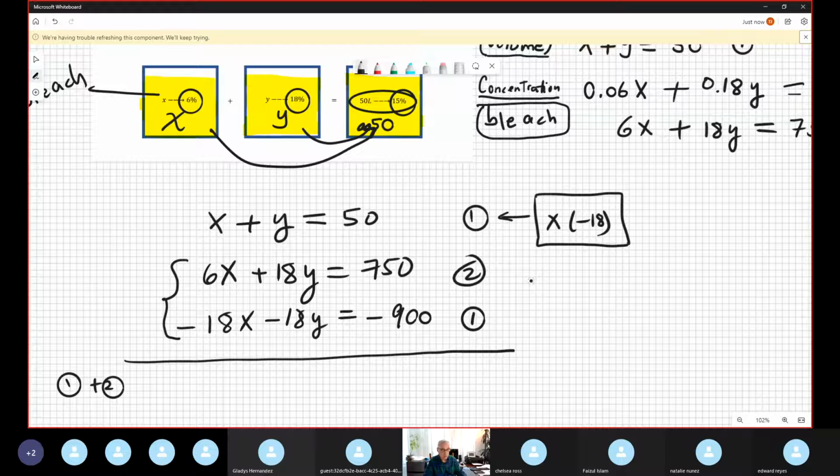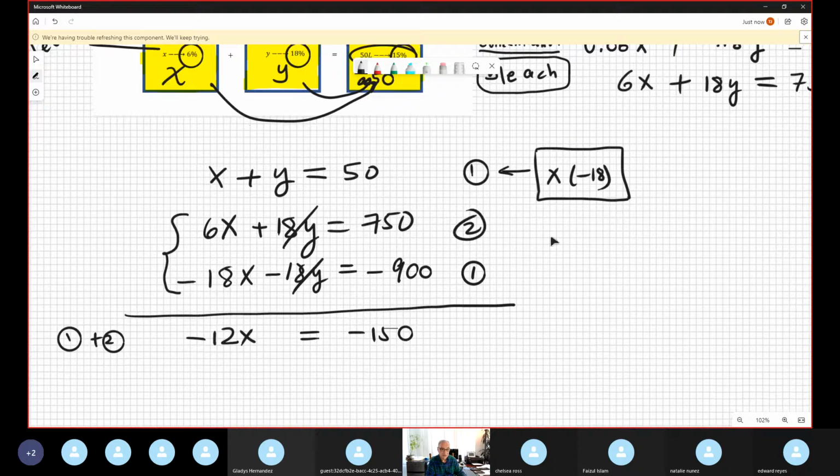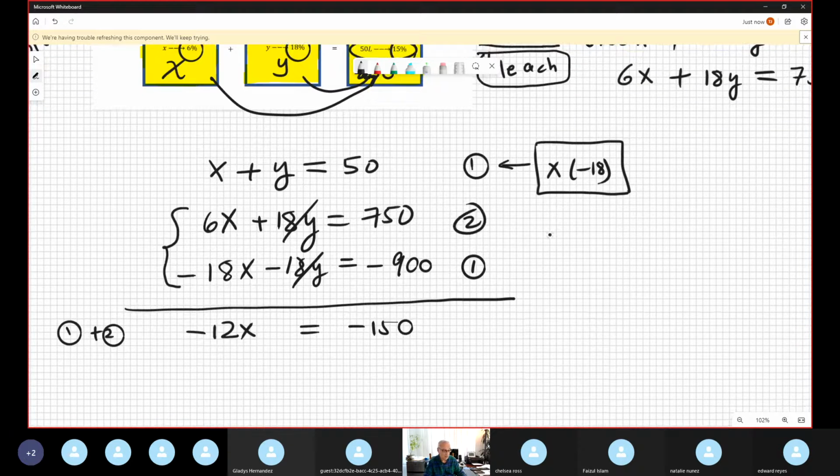Now this is negative 12x. This is canceled out. Nice. That was my intention. And this is negative 150, the subtraction 900 minus 750. Now finally divide by negative 12 on both sides, because my goal is to solve for x. The answer is 12.5.